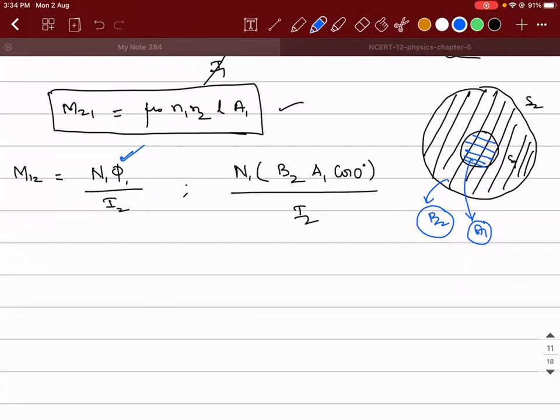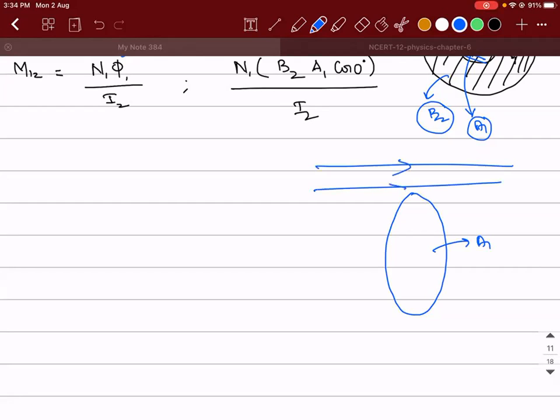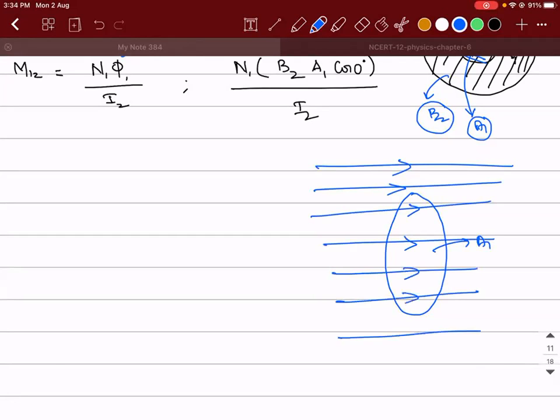Sir, I can't understand how it is A1. It should be A2, right? You guys need to understand this point. Okay, let's say this is the area A1. There is a magnetic field present outside.